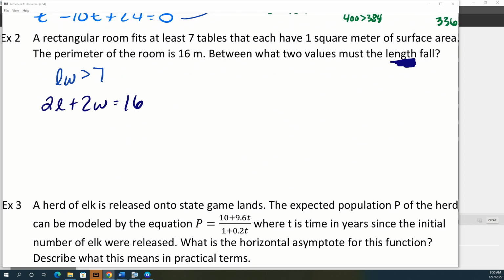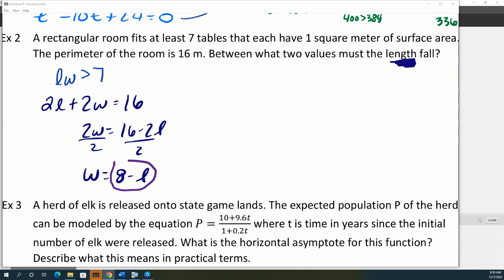And so what I would do is take this one and solve it for W. So whatever you're looking for, solve for the other variable. And so that's going to be 8 minus L. So what I would do is take that and plug it in.